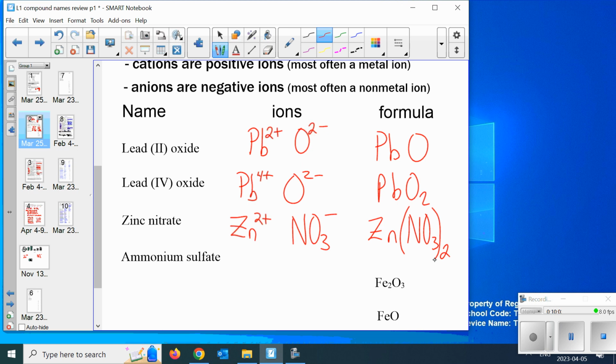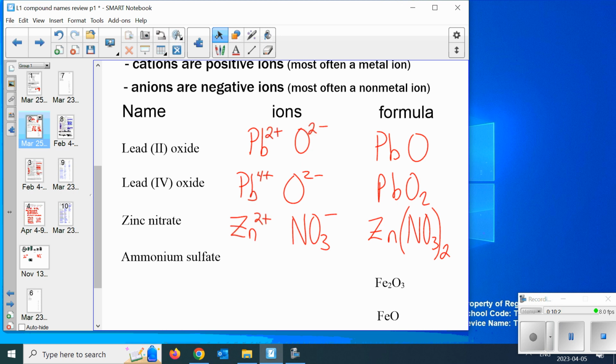You will not find zinc nitrate or lead oxide in little units. This is just the ratio overall. So I'm careful not to use the word molecule. If you did, I'd know what you mean, but try to use the right word.